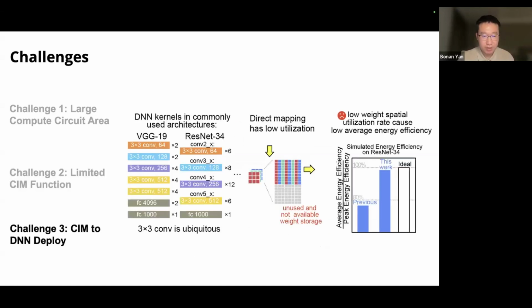The third challenge is the DNN deployment. Of course, the hardware design is fixed once we have designed and taped out the chips, but we encounter a lot of different structures and different AI models.